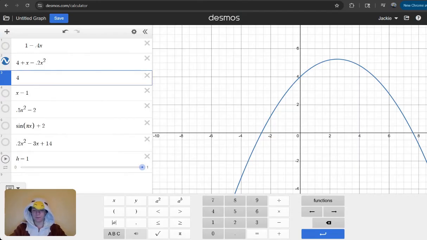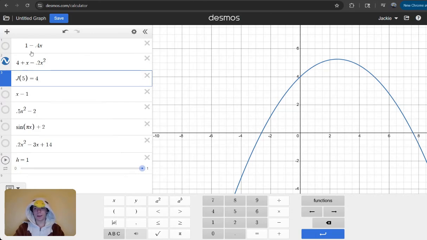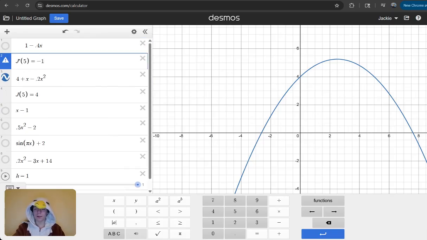That's going to expand out to 5. So we have j of 5 equals 4. Now j prime of 5, that's going to be 1 minus 0.4 times 5 equals -1. Now, for this function to be differentiable, we need Shadow to have a y position of 4 and a derivative of -1 at x equals 5.